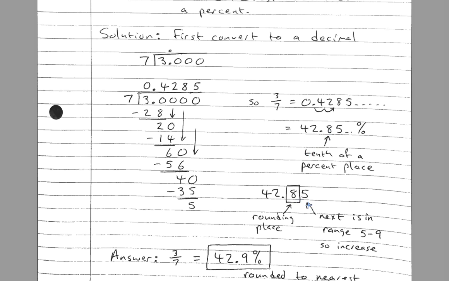If it was 42.83, then we'd leave the 8 as it is, but since it's 5 or higher, this 8 becomes a 9, and then everything else becomes a 0. These are insignificant, so we can drop those zeros. So rounded to the nearest tenth of a percent, it's 42.9%.